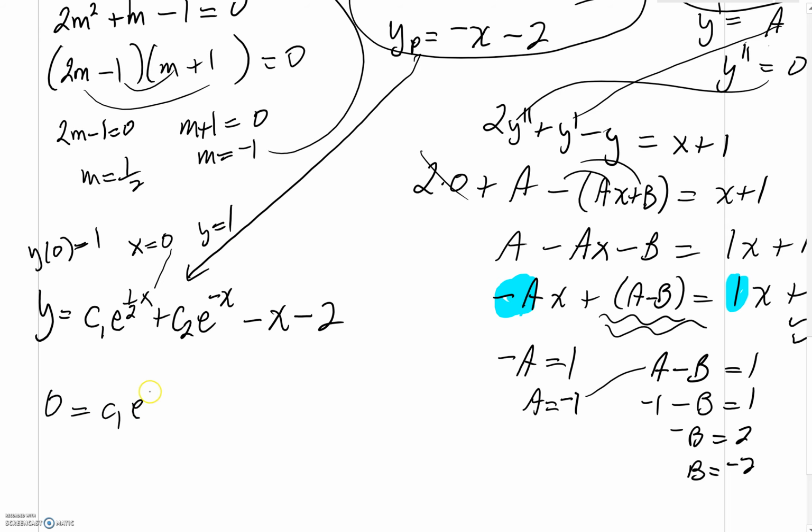Plugging in an x equals 0, well, that's going to be e to the 0, which is going to be a 1, isn't it? And you can see very quickly you'd get c sub 1 plus c sub 2, because e to the 0 is 1. How about we add a 2 over here, and hey, just like that, we've got this nicely set up.